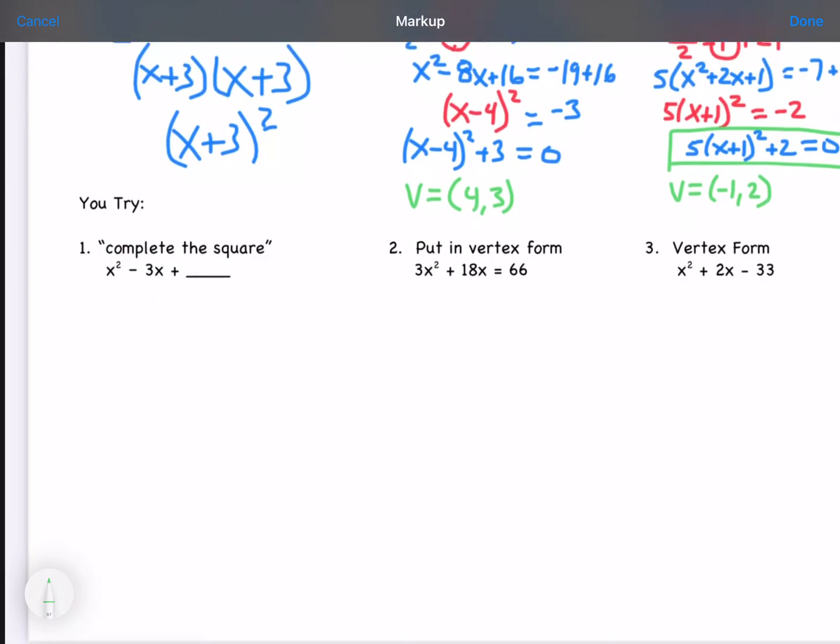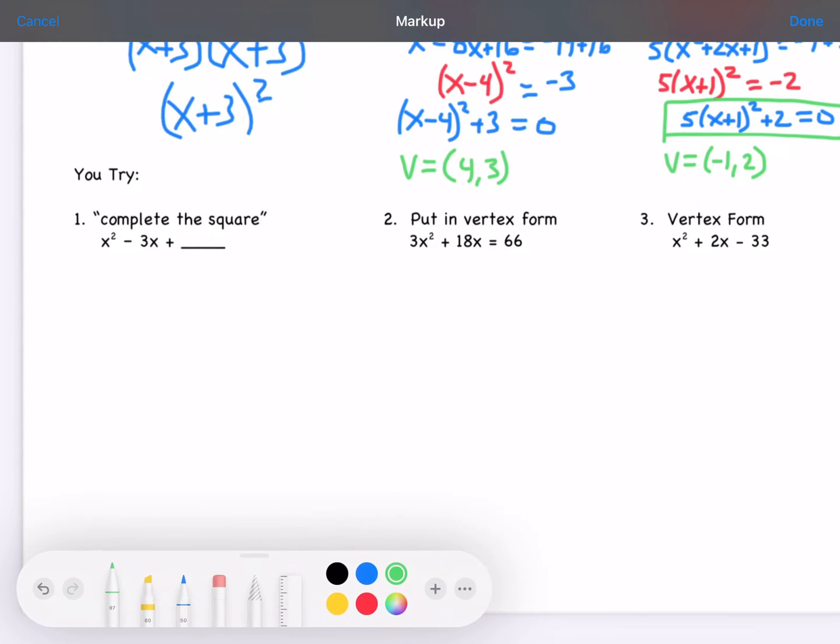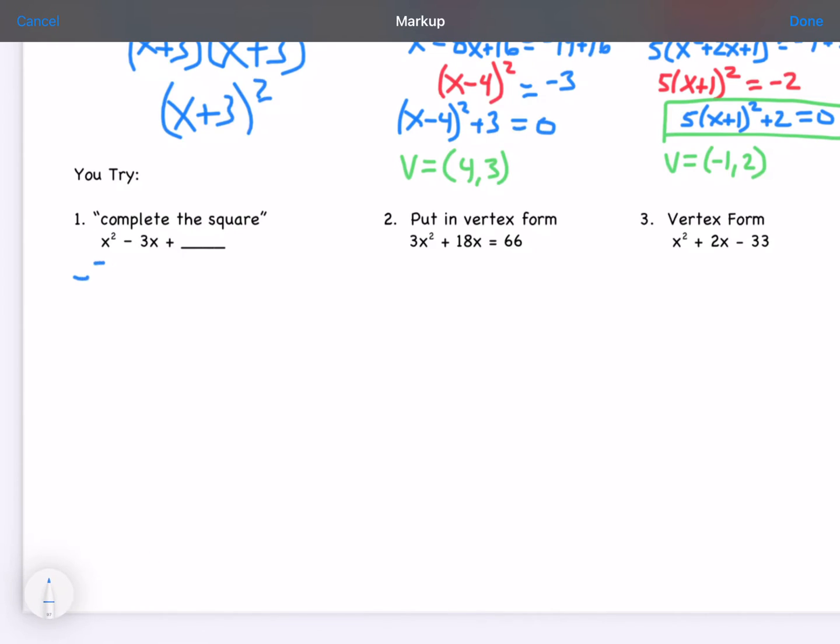So on the U-try, we'll go through these too. Completing the square. So we have -3. We cut it in half, and then we have to square it. -3/2 squared is equal to 9/4.